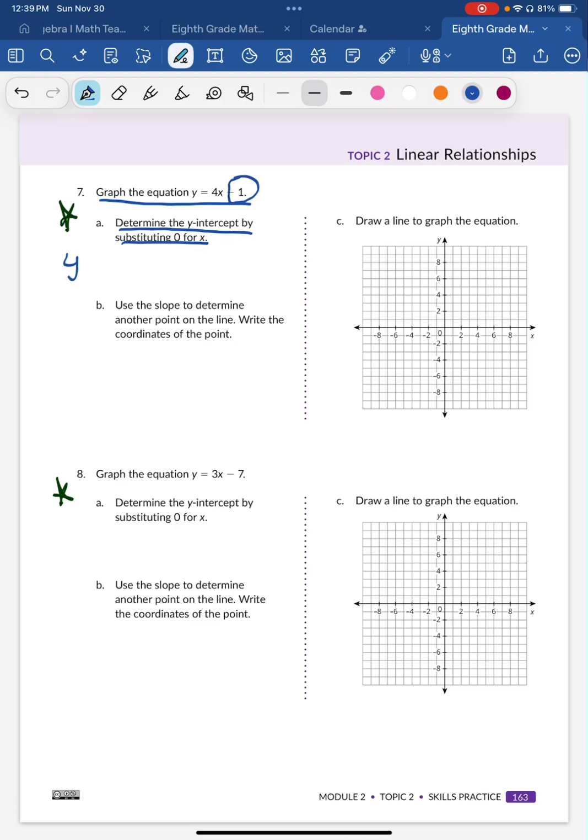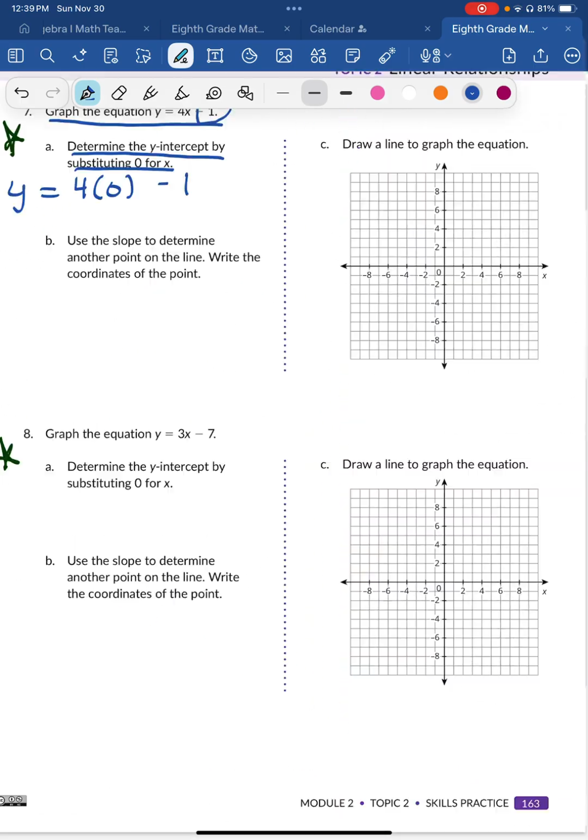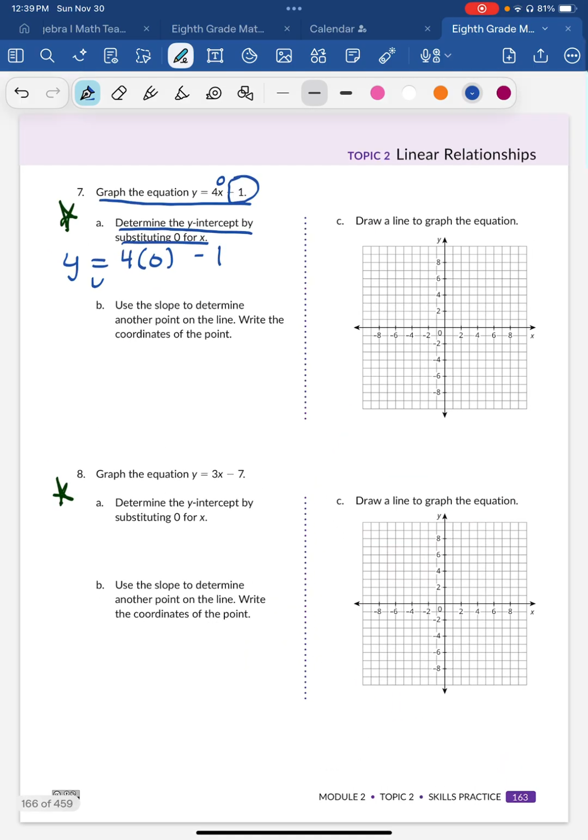But if we substituted 0 for x, it would look like this: 4 times 0 minus 1. This is on page 163, by the way. I'm sorry. So y equals 4 times 0. That's 0 minus 1. So y equals -1.